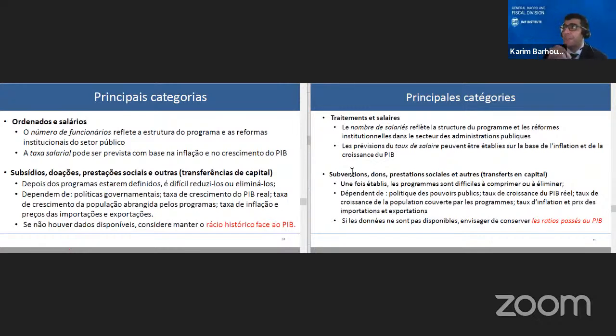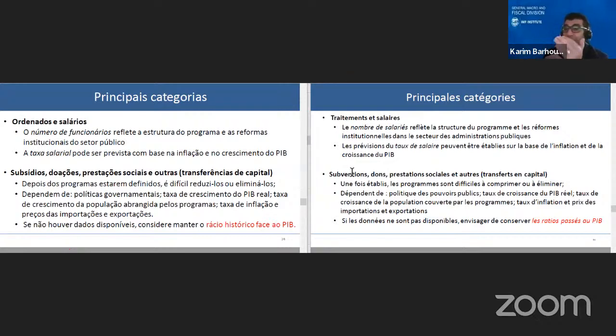For capital expenditure, we have to think that this is something we cannot turn off and on easily, because capital spending in most countries is set in the context of a multi-year investment program, and it is then subject to annual change in light of resource constraints, for example.